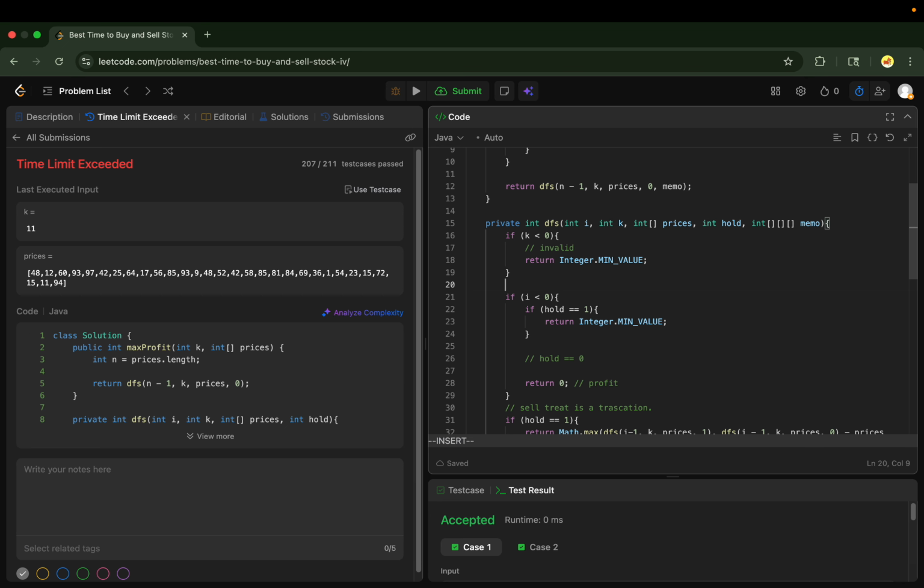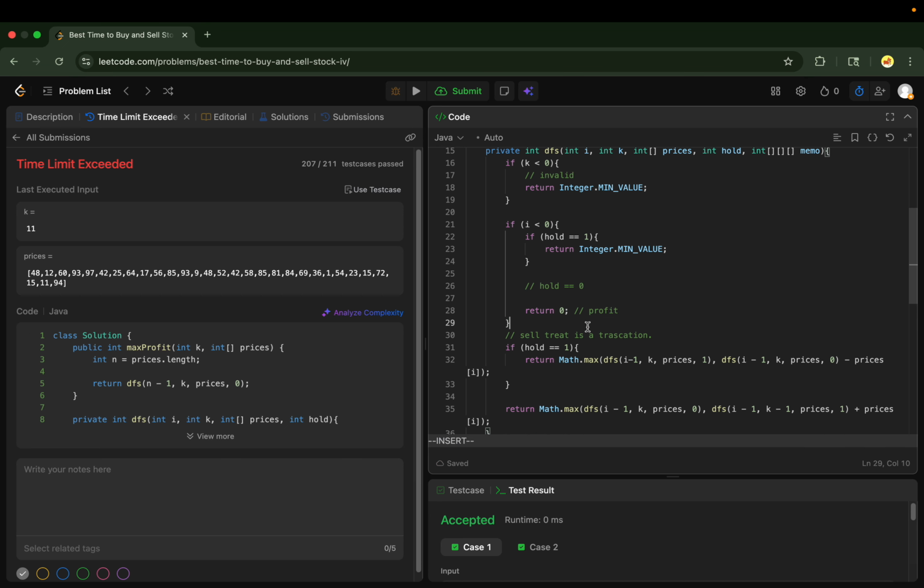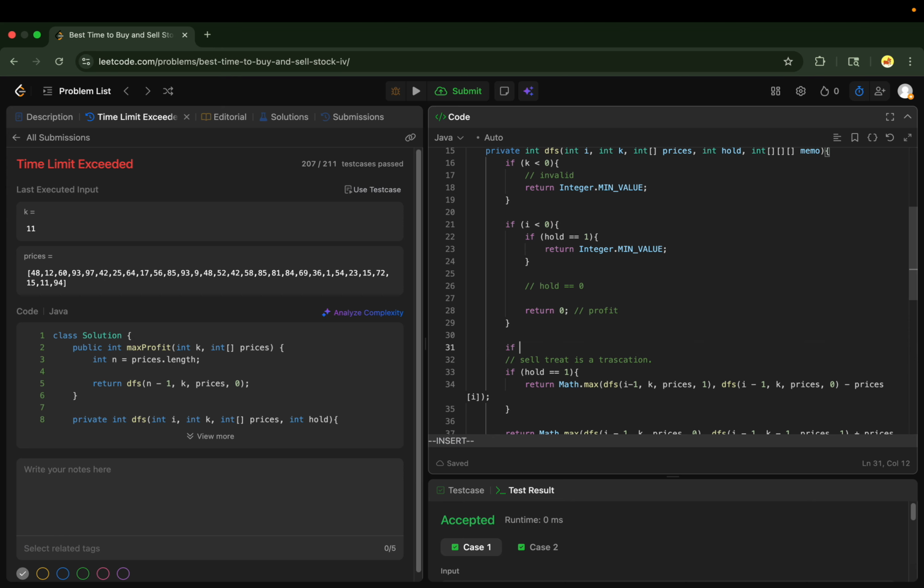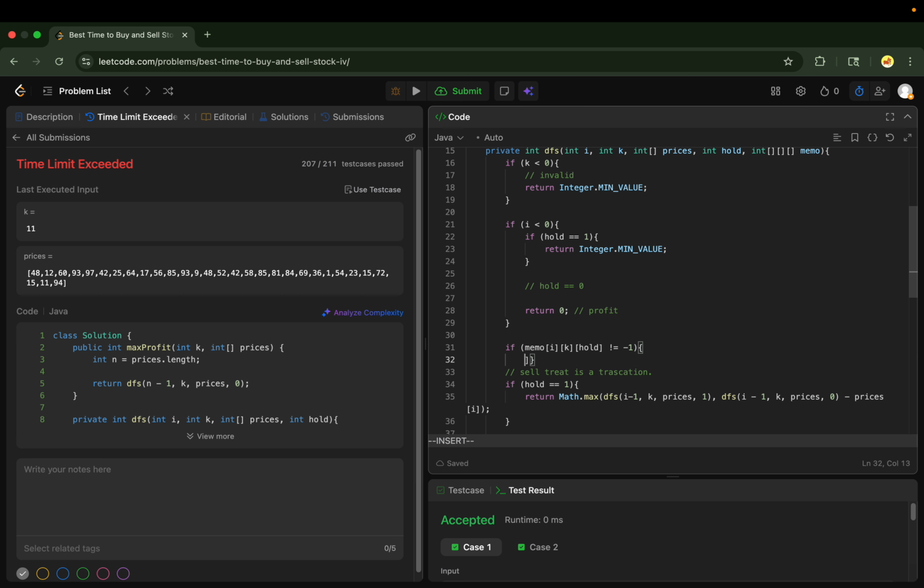Okay, so this one is finished, so we come here, if memo[i][k][hold] is not equal to -1, which means we already checked before, so we can directly return what we already checked, the result.